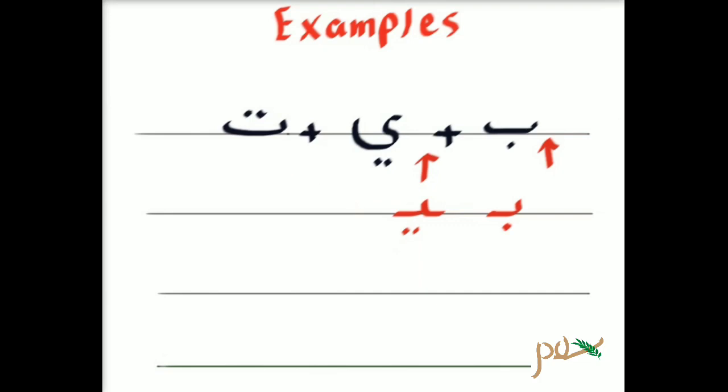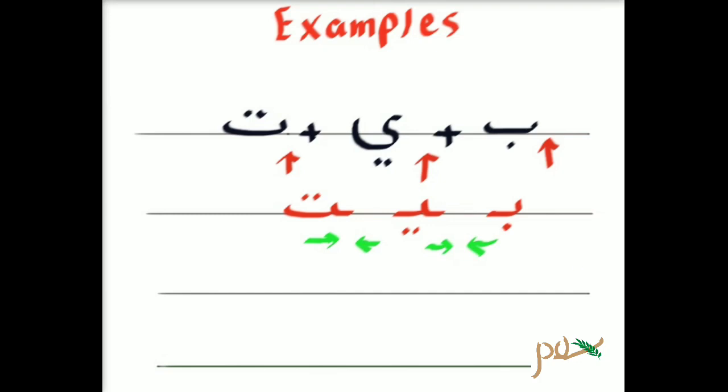And finally we have the letter ta. It's the last letter, so we have to write it in the final form. This is the final form of the letter ta. Now we will put them together to make our word.